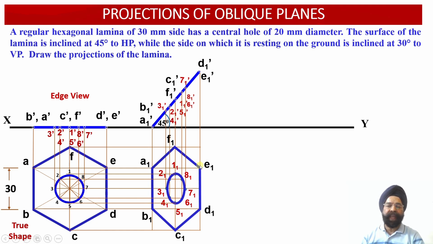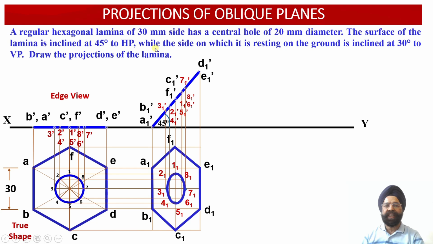It appears as a squeezed hexagonal shape because of its inclination with respect to the horizontal plane. These apparent shape projections of the lamina have been obtained by virtue of the rotation of this hexagonal lamina with respect to the horizontal plane at an inclination of 45 degrees.